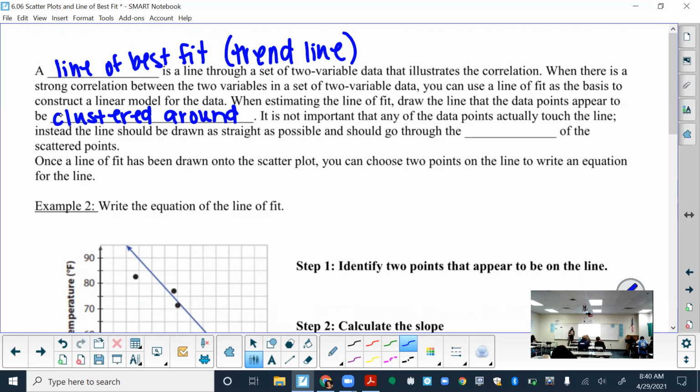So you're not necessarily connecting the dots, just drawing a line through the middle of the dots, where it looks like the dots are all clustered around it. It might go through some points, it might not. So it's not important that the data points actually touch the line. The line should be drawn as straight as possible, and the line should go through the center of the scattered points.